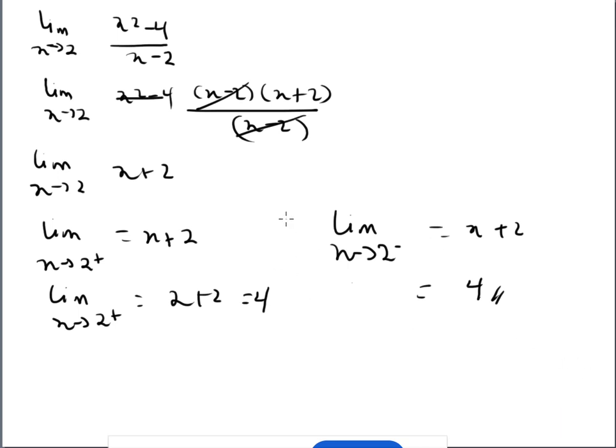So from this, we can conclude that the limit as x approaches 2 is equal to 4. This is the first example, and one thing I would like you to take note of is the factorization method. As I said, this is one of the four ways of solving limits. Let me clear this, then we continue.